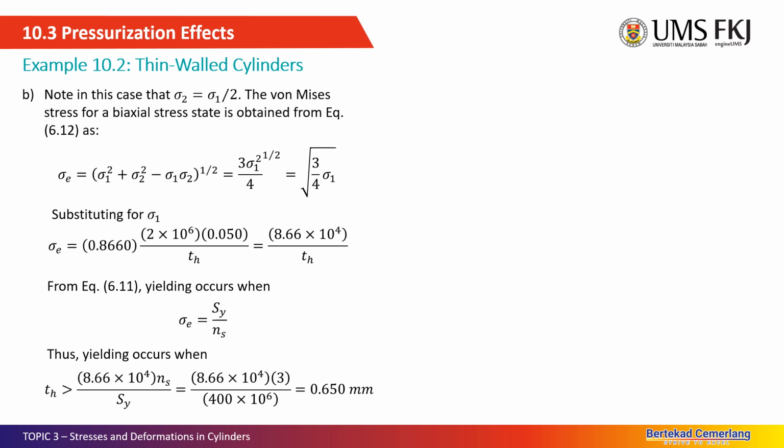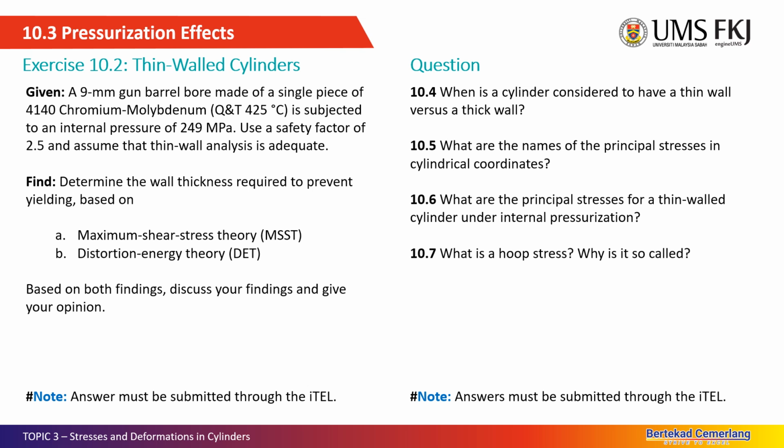So let's try another example. This one you have to do yourself. Exercise 10.2, the thin wall cylinder. Given a 9 mm gun barrel bore made of a single piece of 4140 chromium molybdenum, QNT 425 degrees Celsius, subjected to an internal pressure of 249 megapascal.